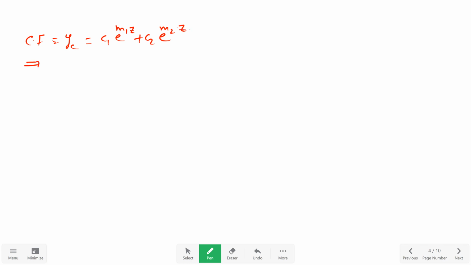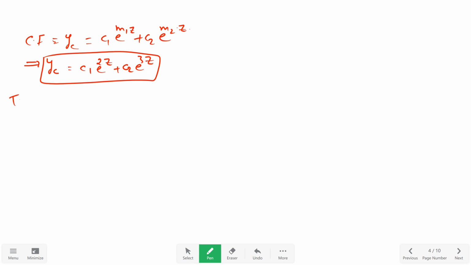So the complementary function y suffix c is equal to C1 e to the power of 2z plus C2 e to the power of 3z. This is the complementary function for equation 3.